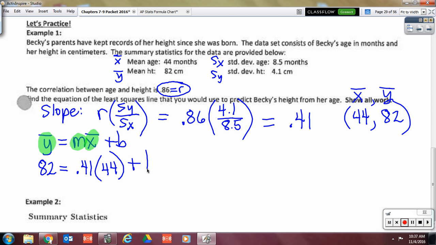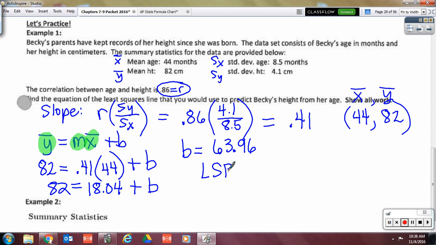Then I solve for the y-intercept. I subtract that over, and the y-intercept that I find is 63.96.